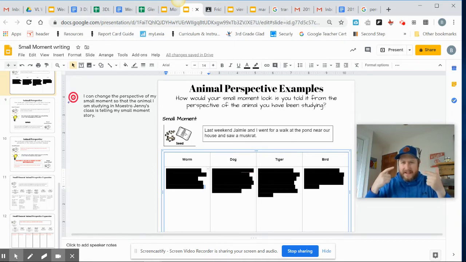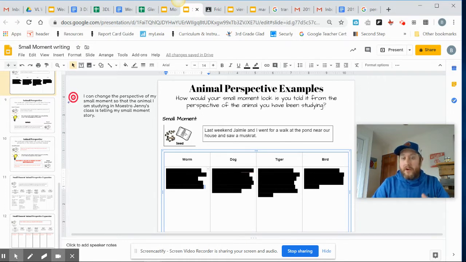But in my head, am I thinking, do worms walk? And I don't think they really walk. They wiggle, wiggly worms, or they kind of slither, maybe kind of like a snake. So if I'm thinking about worms, I'm going to say last weekend, Jamie and I, maybe we wiggled out of our tunnels.